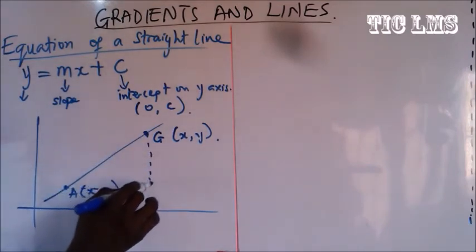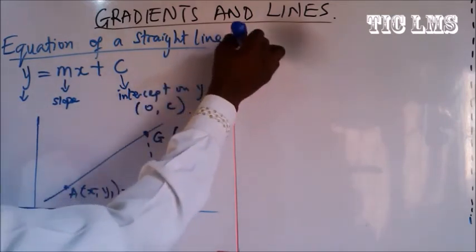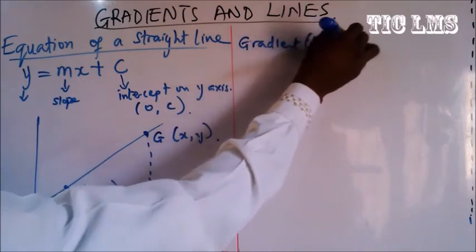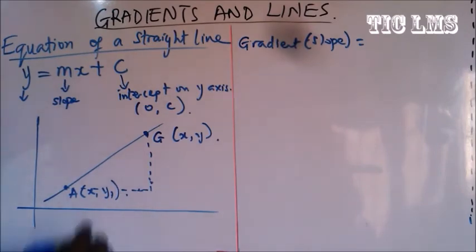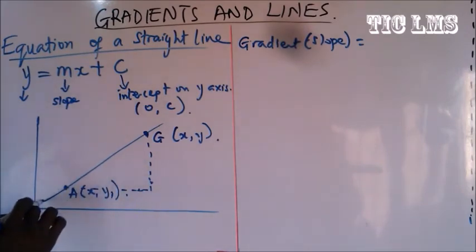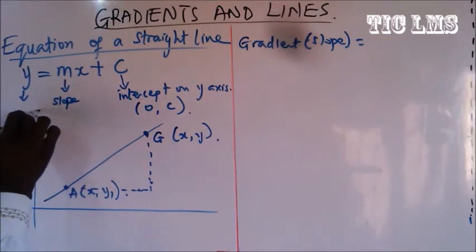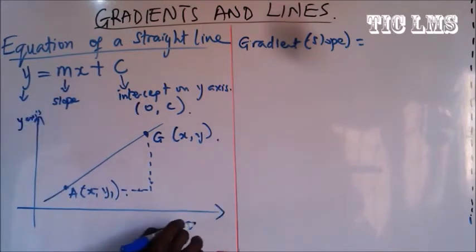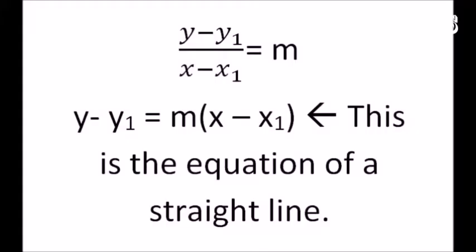Like we've always known, the gradient, which is the same thing as the slope, is equal to the change in the y-axis over the change in the x-axis. So as y increases, x also increases here.